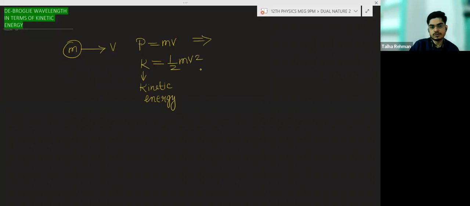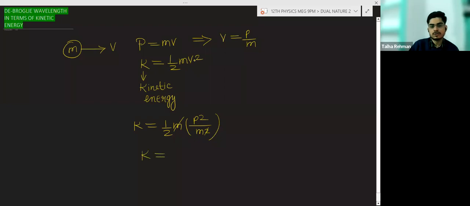Now from this you can find v is equal to p by m, and this value of v you can put here. So the kinetic energy, half m v square, becomes p square by m square times m, and this m cancels with one m. So kinetic energy will be p square by 2m. From here the momentum will be under root of 2m into kinetic energy.